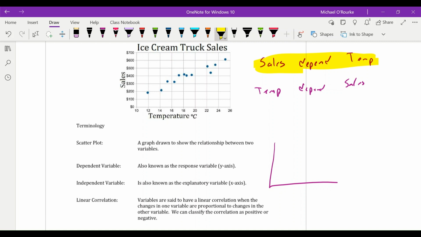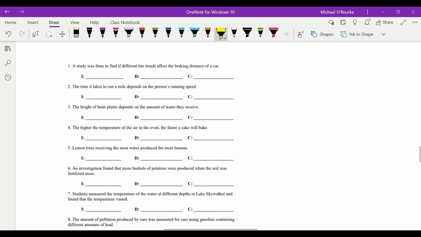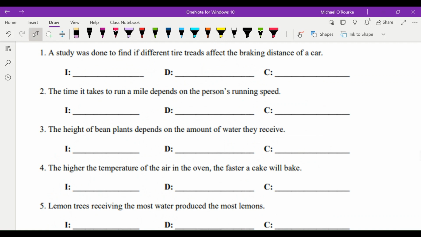So you'd be amazed how many students still struggle in this grade figuring out which is which. So let's do some examples here. So we'll do a bunch of them. A study was done to find if different tire treads affect braking distance.